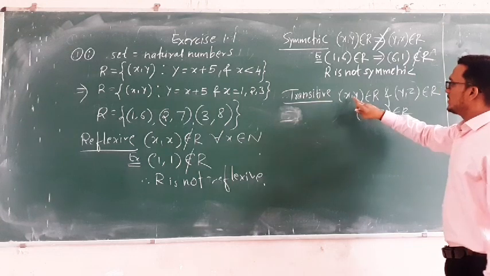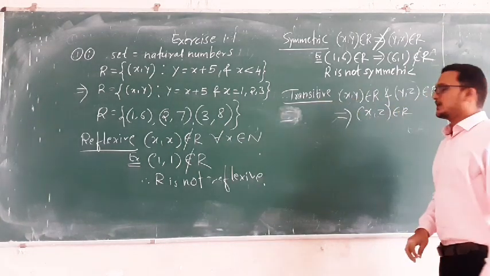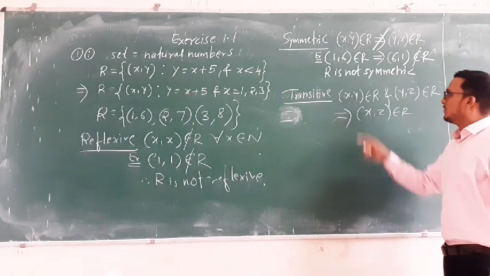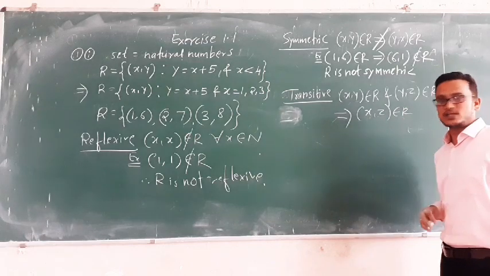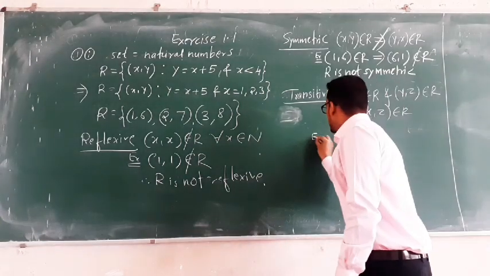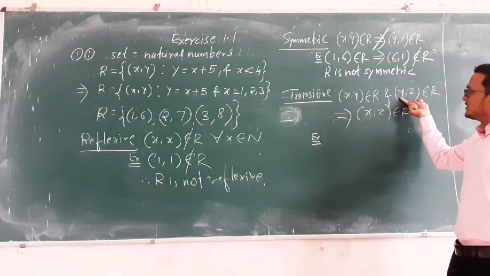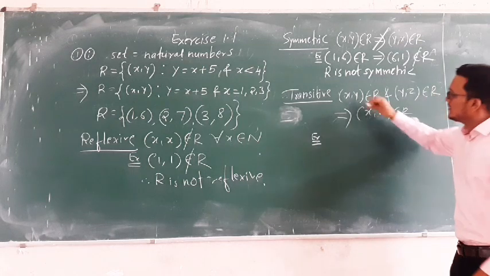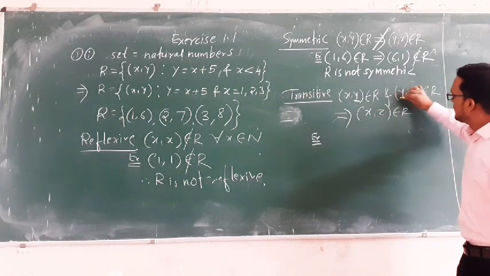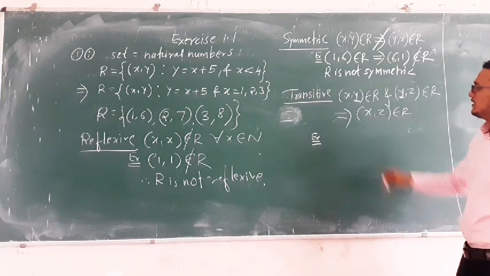Next, the third property is transitive. The definition is: (x, y) belongs to R and (y, z) belongs to R implies (x, z) belongs to R, where x, y and z belong to the set of natural numbers. Again, take the example. You have to choose 2 ordered pairs present in R in such a way that this y element is the same.